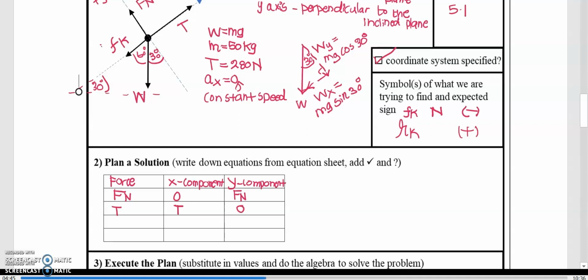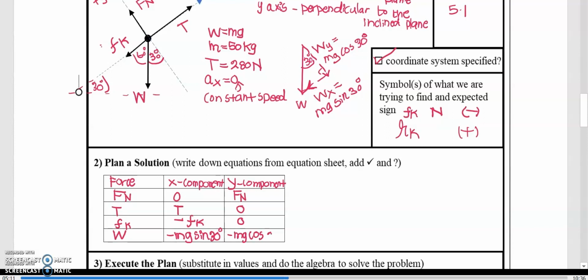Then tension has an x component, and it's again positive based on the coordinate system, and then kinetic friction is negative based on the coordinate system. Friction opposes the motion. And weight has an x component and a y component. By looking at the vector triangle, you can see the x component is mg sine 30 and the y component is mg cosine 30. Both of them are negative based on the coordinate system.